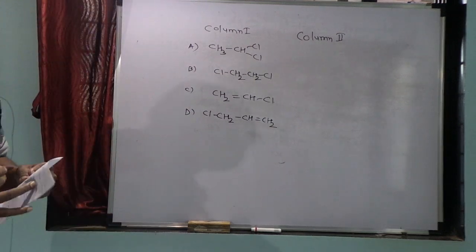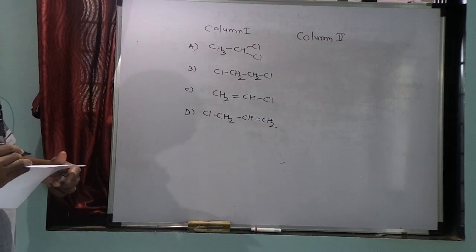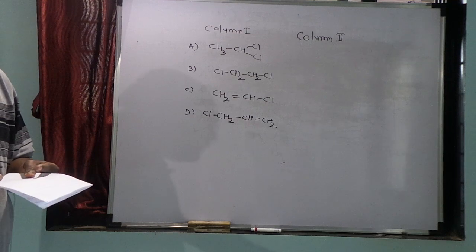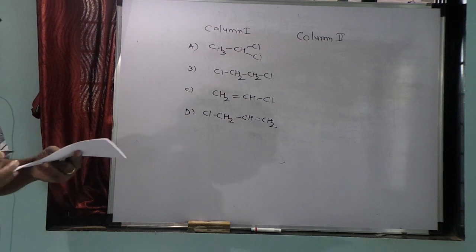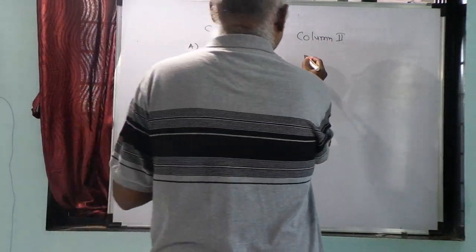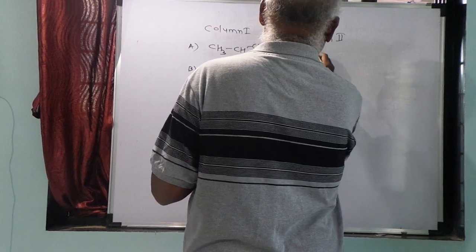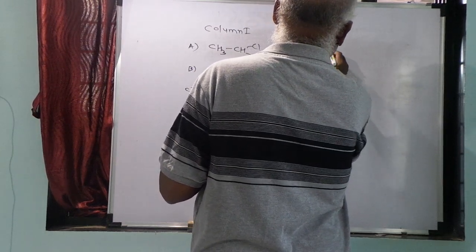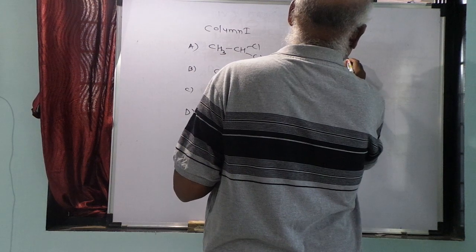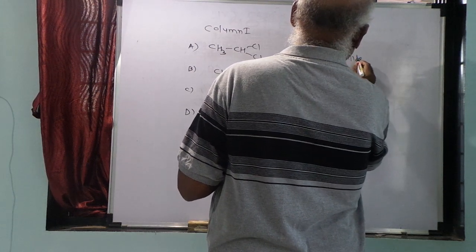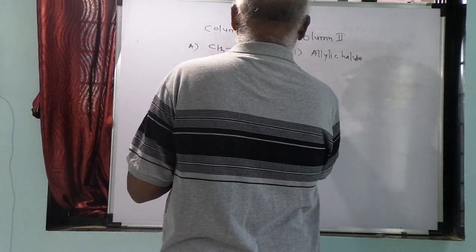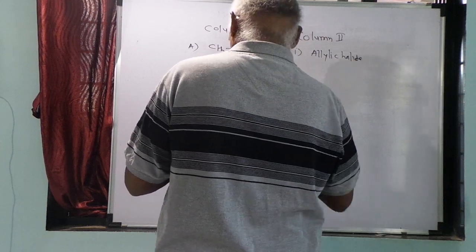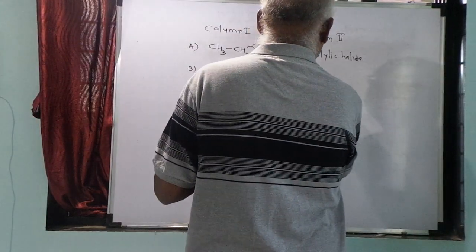Okay, these are the 4 examples which are given, and in column 2 the type is given. The first is allylic halide. The second one is geminal dihalide.